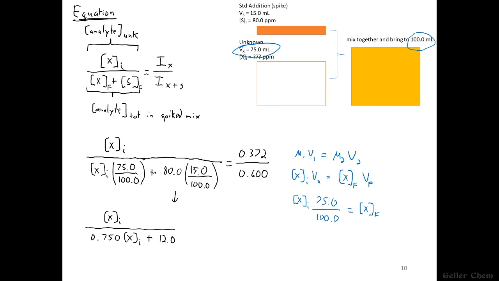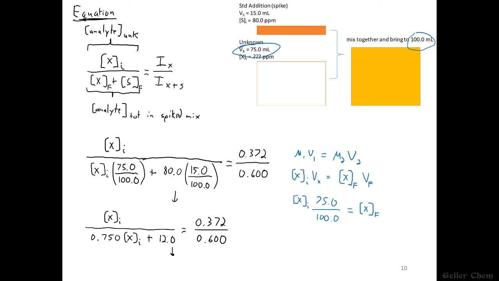And then the right side is still 0.372 over 0.600. I'll do another intermediate algebra step, which is just cross multiplication to make it a bit simpler.